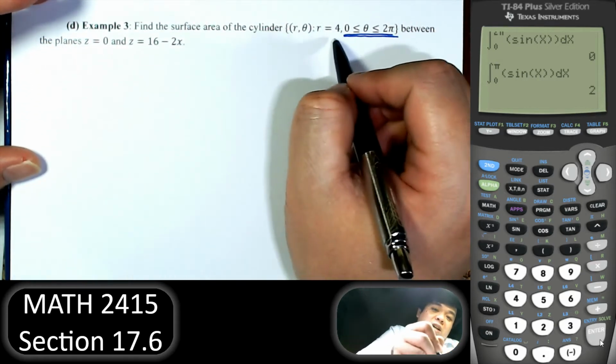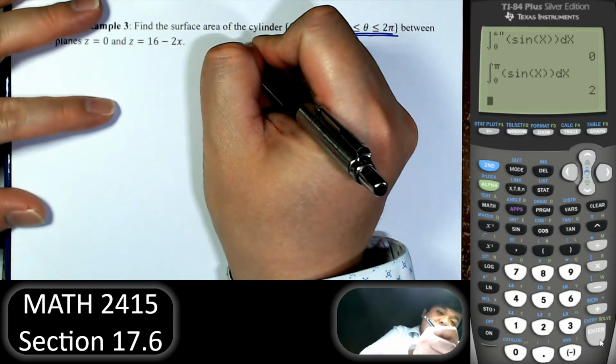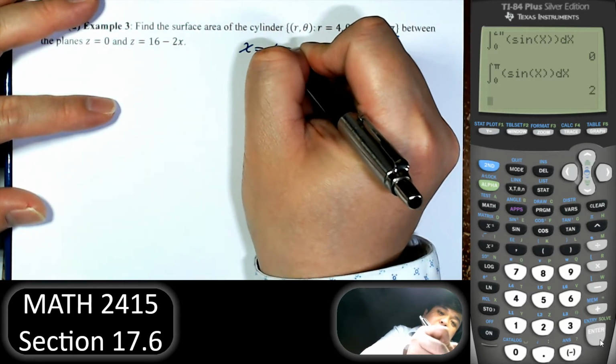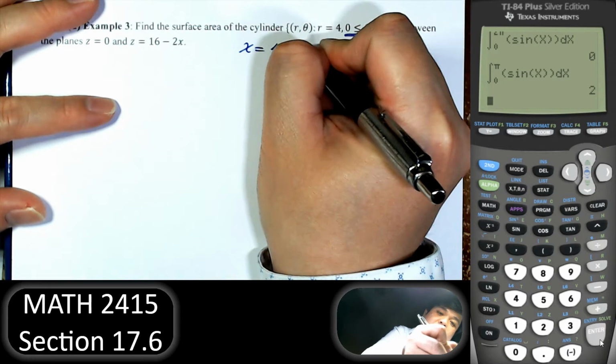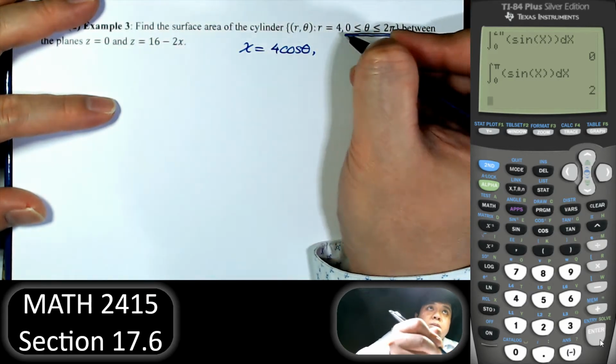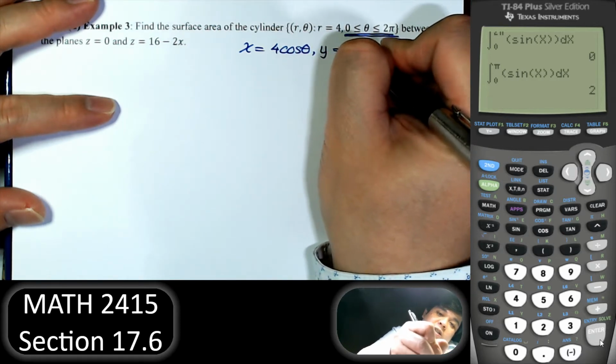This is on the cylinder, r is equal to 4. So pretty standard, x equals the radius, which is 4, so 4 cosine theta. Y is 4 sine theta.